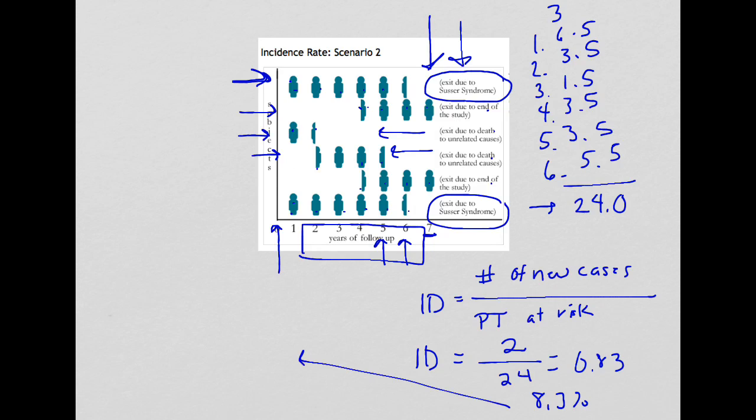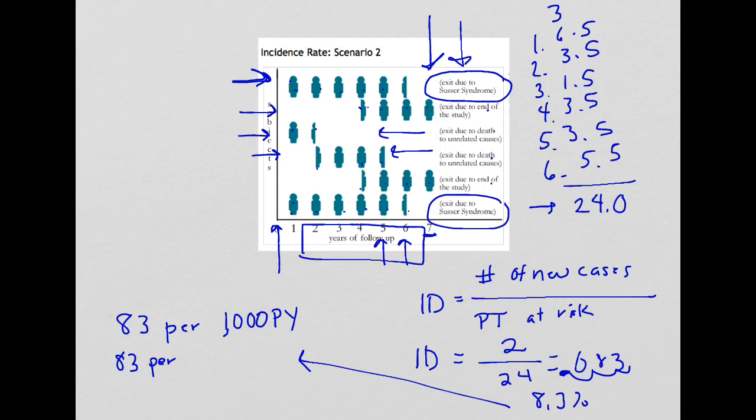or, and this is the way I do actually want you to do it, 83 per 100 person years, which we could also then expand, excuse me, per 1,000 person years, because the answer is actually this.